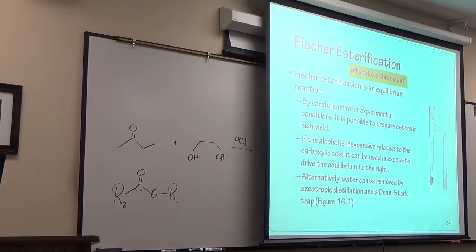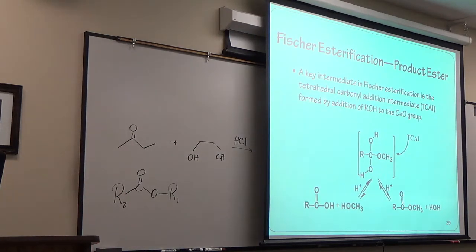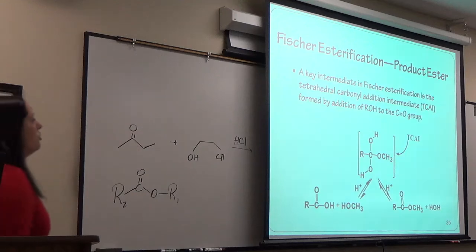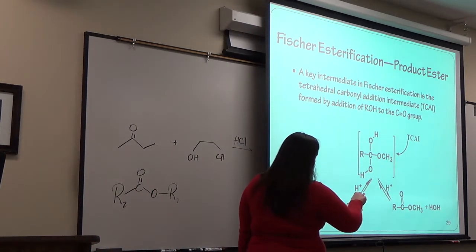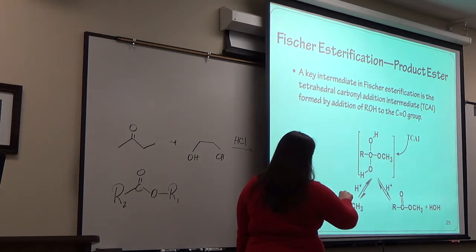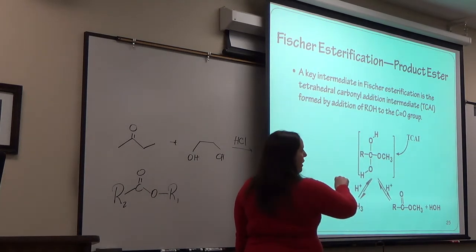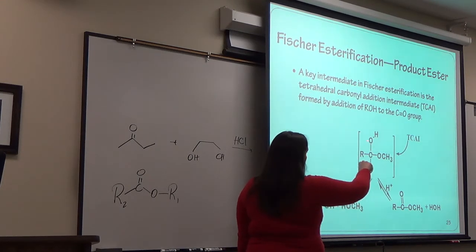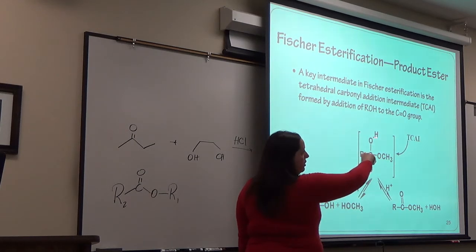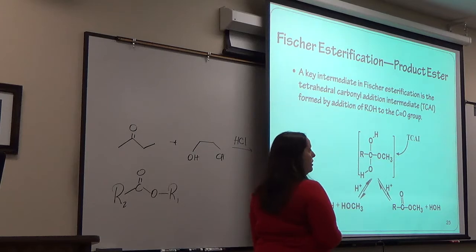Okay, so this is Fischer esterification. The product is an ester, and this comes from the attack happening here. So this is going to attack and open, and you're going to get that tetrahedral intermediate. Of course, this is done in an acid environment, so the first step is the protonation of the oxygen here, which when it attacks and opens, would look like this already, because the acid would have protonated the oxygen.